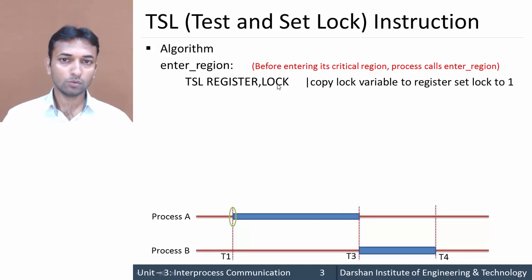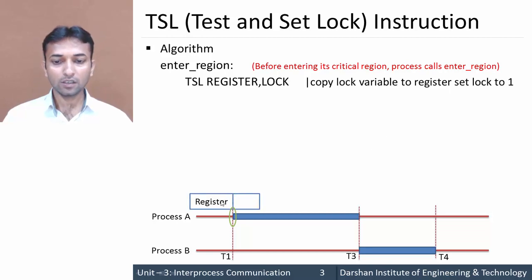What this instruction will do is simply copy the lock variable into the register and set the lock variable to 1. So suppose we are having a register and a lock variable. So this instruction simply copies the value of the lock variable. So here it is 0, that 0 is copied into the register, and the value of this lock variable is set to 1.